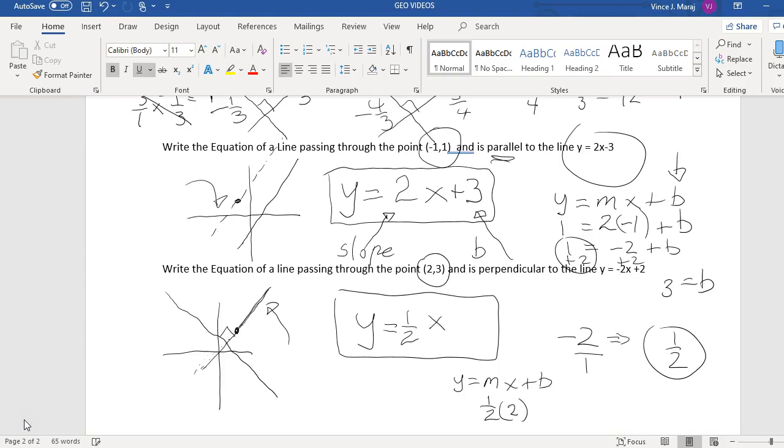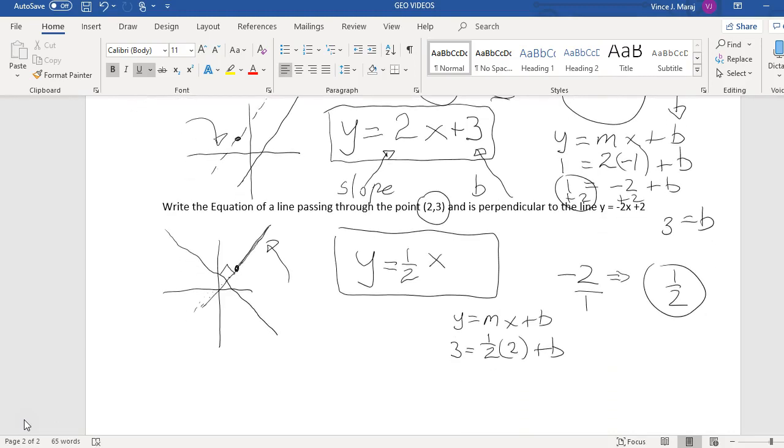The y was 3, goes under the y. If I solve this simple linear equation, I get the last piece of the puzzle. Half of 2 is 1. Bring down everything else. To get rid of a plus 1, I subtract 1. So my y-intercept is 2.